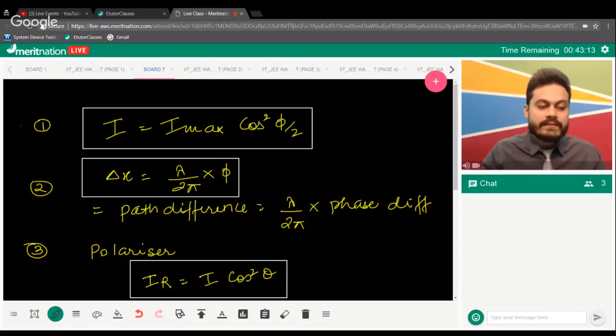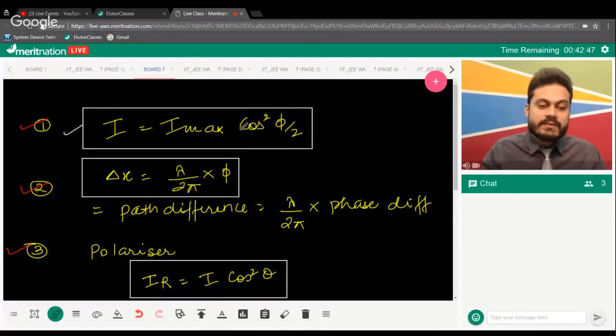So few important formulas on which we'll be solving questions. Let me know if you guys remember these formulas. Intensity at any phase difference phi is equal to I max cos square phi by 2. Now just listen to what I am trying to teach. How many of you remember this one?